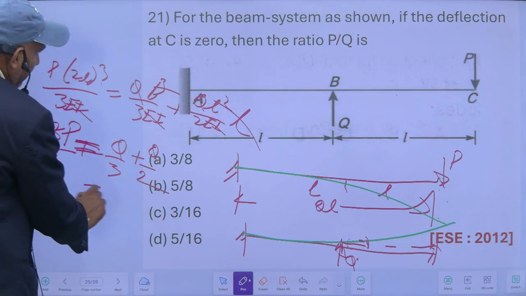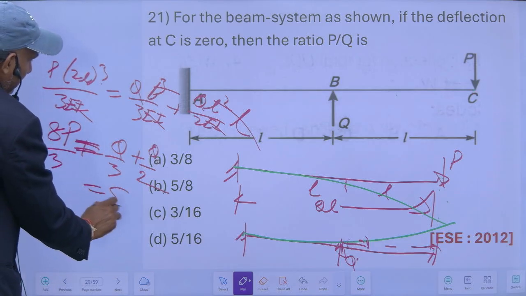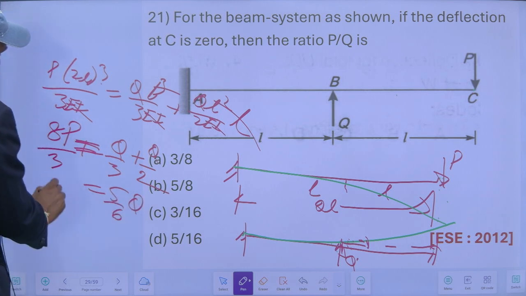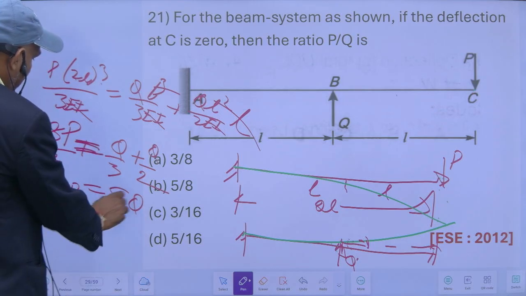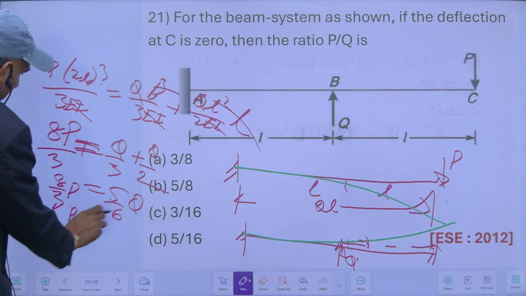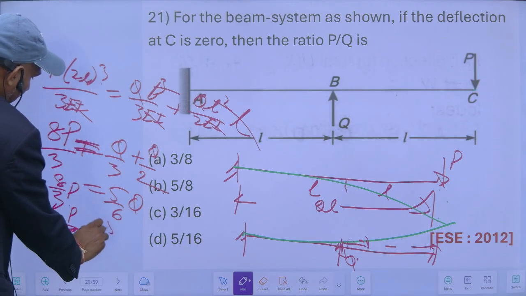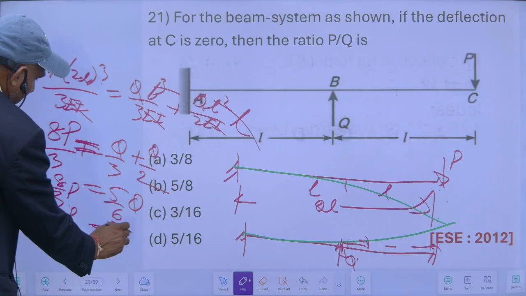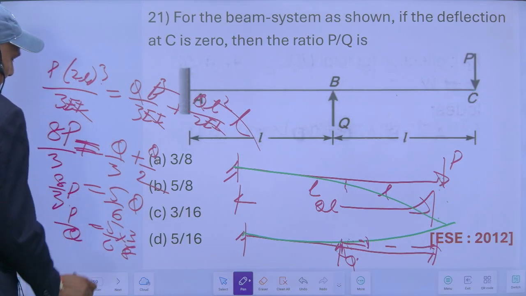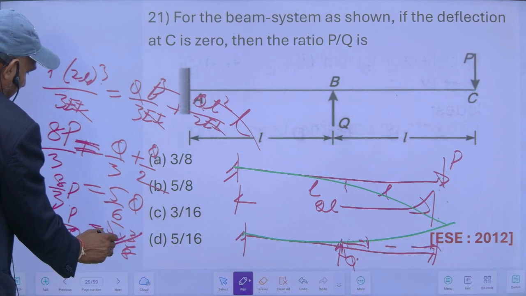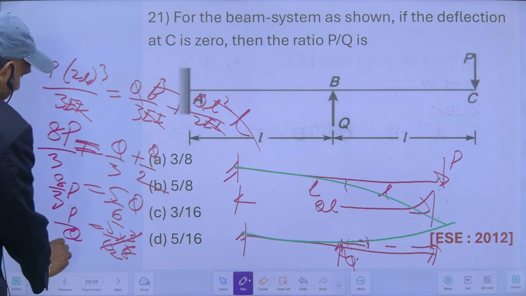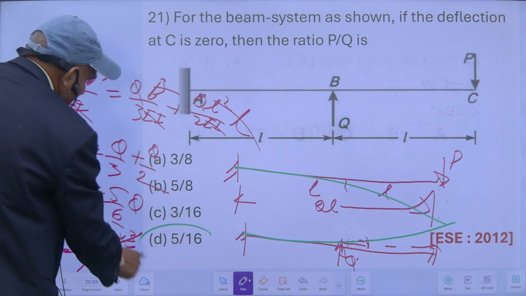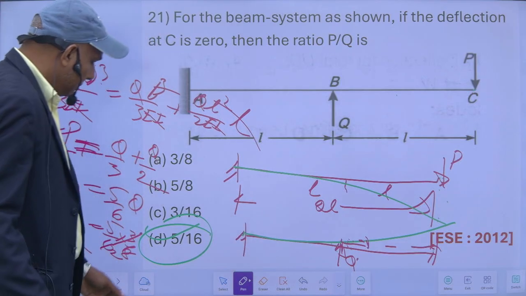So this will be 5 by 6 Q is equal to 8 by 3 P, and P upon Q will be 5 upon 6 into 3 upon 8, and this will be 5 upon 16. P upon Q is equal to 5 upon 16. This one is the right option.